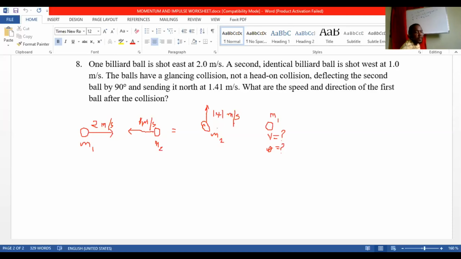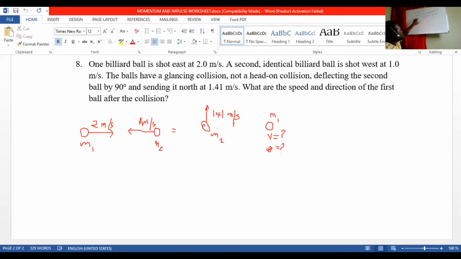And then M2 is going directly north, so that's plus M2 times sine of 90, and we know that sine of 90 is 1, so it's basically 1 times its velocity, which is just 1.41. Sine 90 degrees is 1.